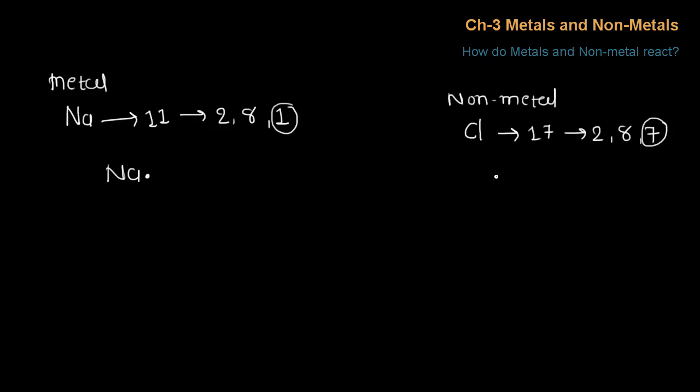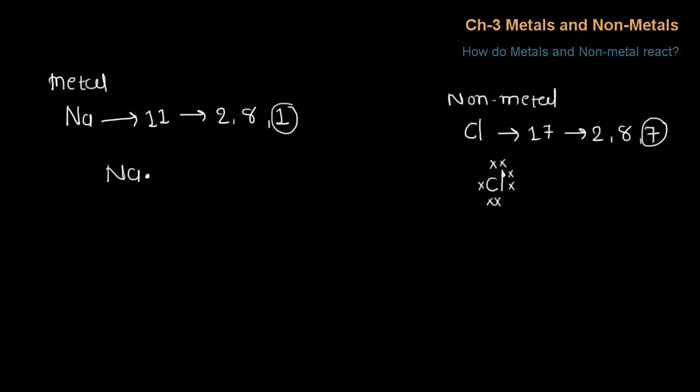Here I have made chlorine, and its 7 valence electrons I have denoted by cross signs: 1, 2, 3, 4, 5, 6 and 7. So 7 electrons in its valence shell.